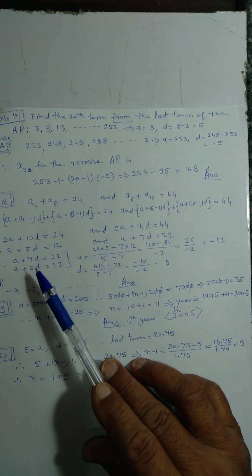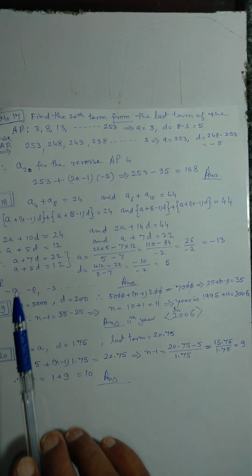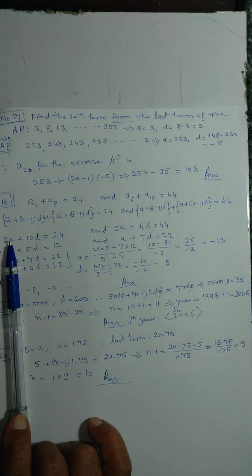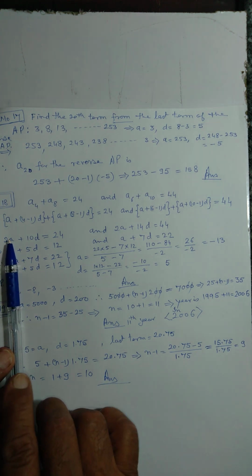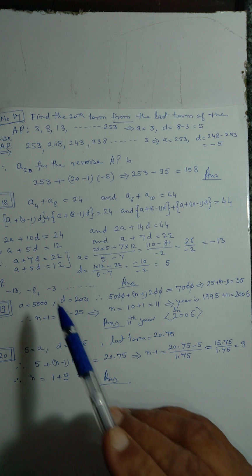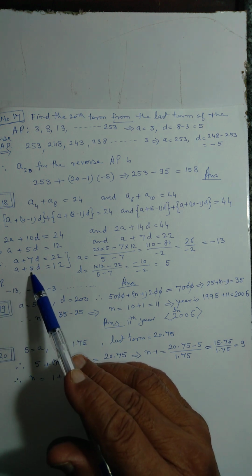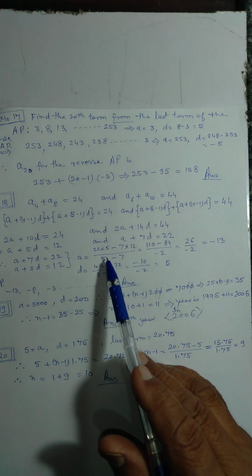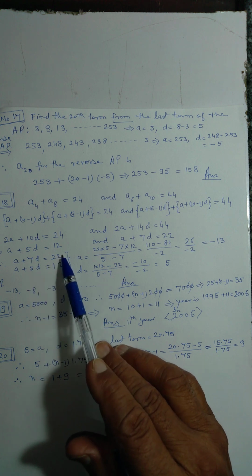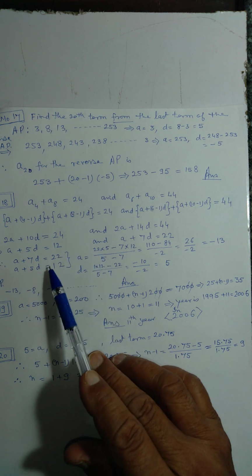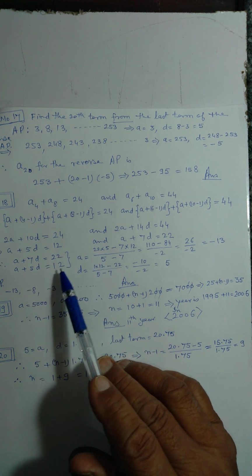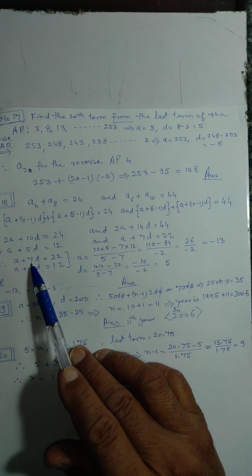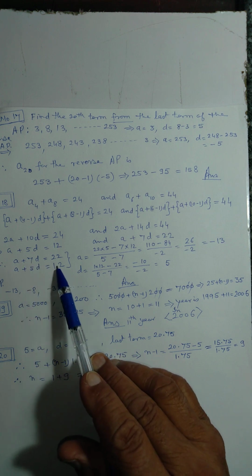For A, while we are solving, you just cover the A and cross multiply the coefficient of D, that is 5 into 22, meaning left to up, LU, minus LD. So 22 into 5, minus LD, means minus 7 into 12.